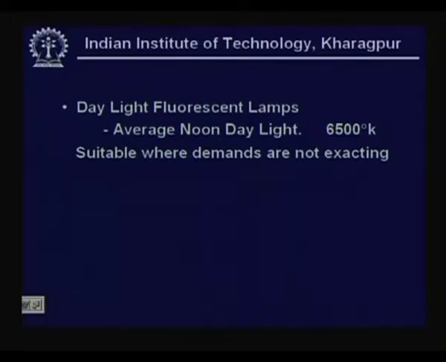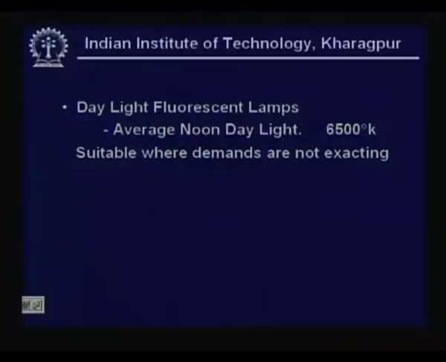Remember, this is no longer a mercury vapor lamp in the earlier form. Though initial radiation is obtained by electroluminescence, it is the fluorescence which is giving you the ultimate output, and hence it is giving a different kind of spectrum. You cannot say it's anymore what you call line spectrum.